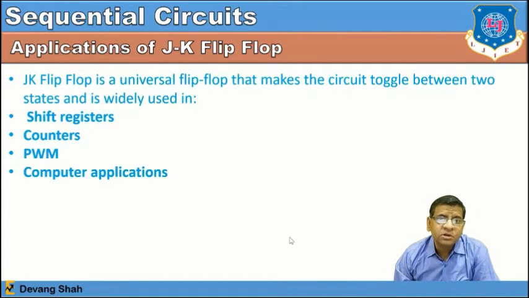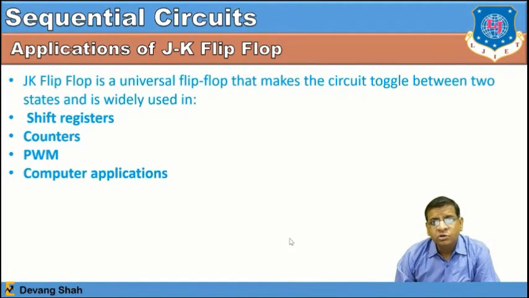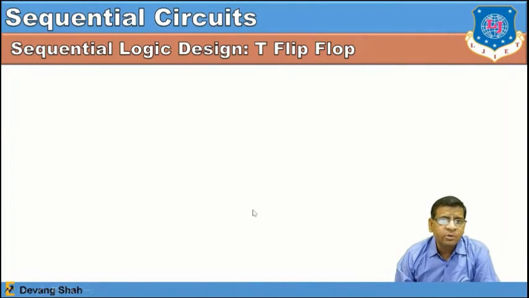It has the capacity to toggle the input first of all, and it will also give you a memory state. It will also give you a set and reset state. So it is universal; you can use it in making shift registers, counters, and pulse width generators or pulse width modulation. In that technique you can use the JK flip-flop, and you can also use it in many computer applications.